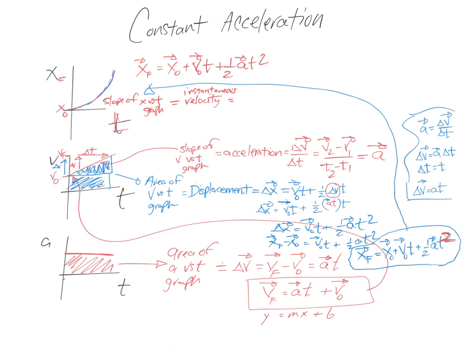Which is, in calculus language, going to be the limit as our time gets closer and closer together between the 2 points we're using to take the slope of change in position over change in time. And this turns out to just be the slope of lines that are tangent to the curve.